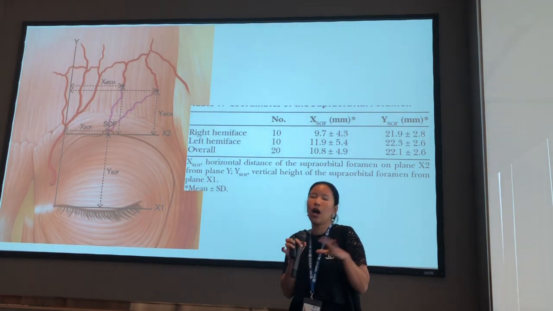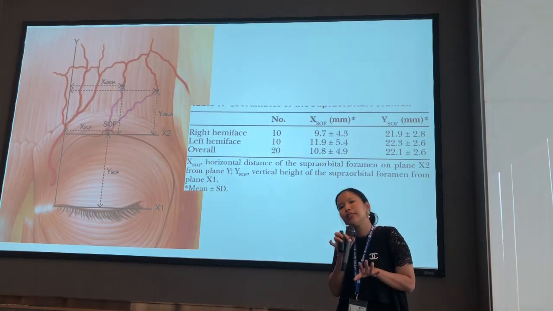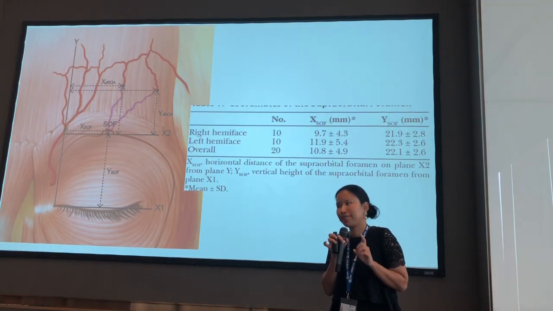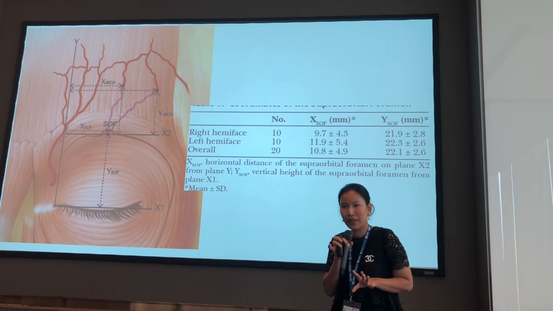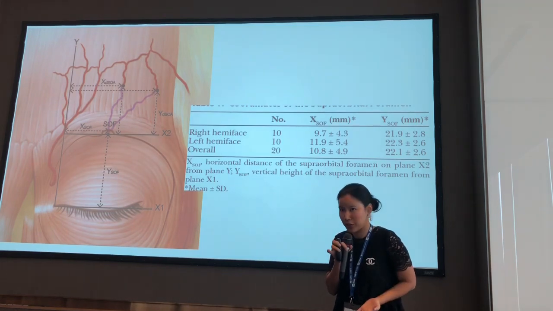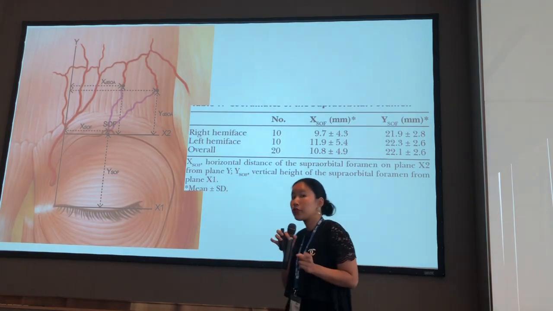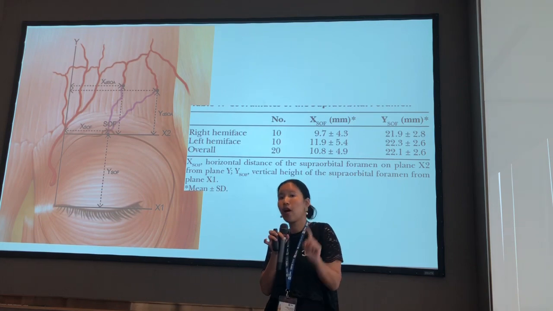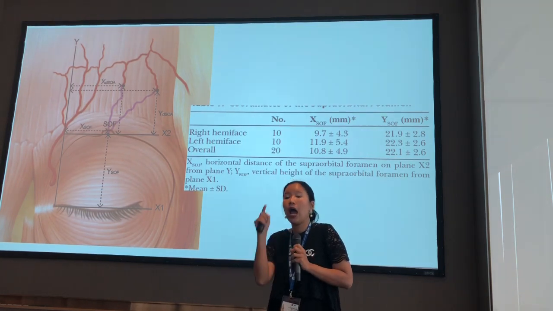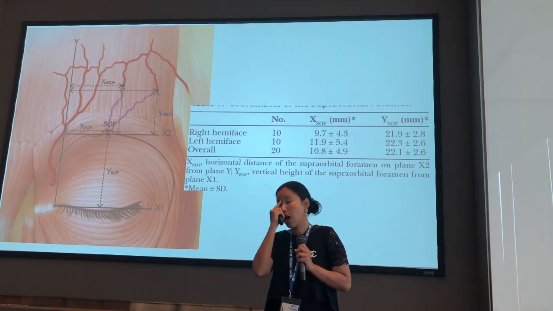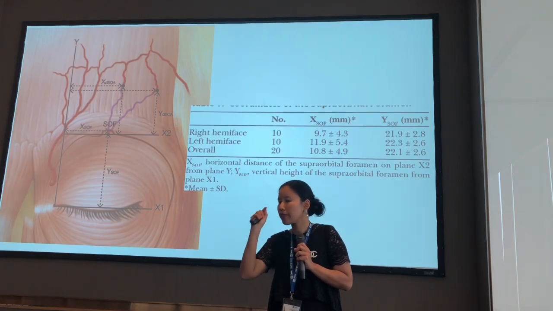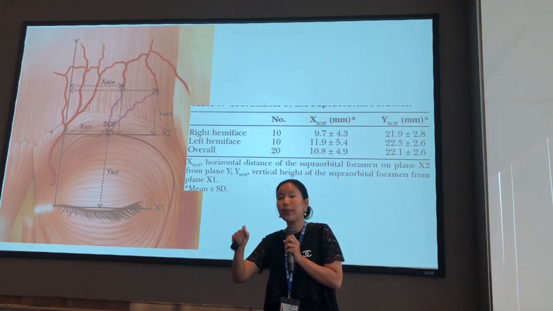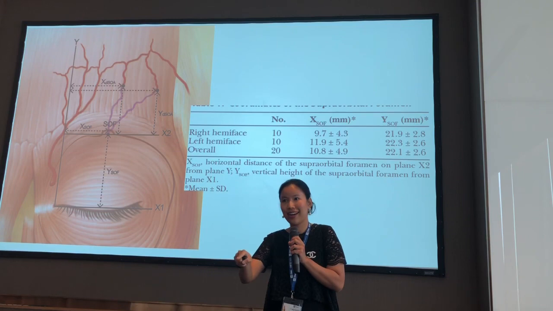So memorizing the number is not that useful in this case because there is a lot of variation. But what is really useful is your finger and physical examination. If you put your finger on the orbital rim and you can find some depression, this means the notch is there.